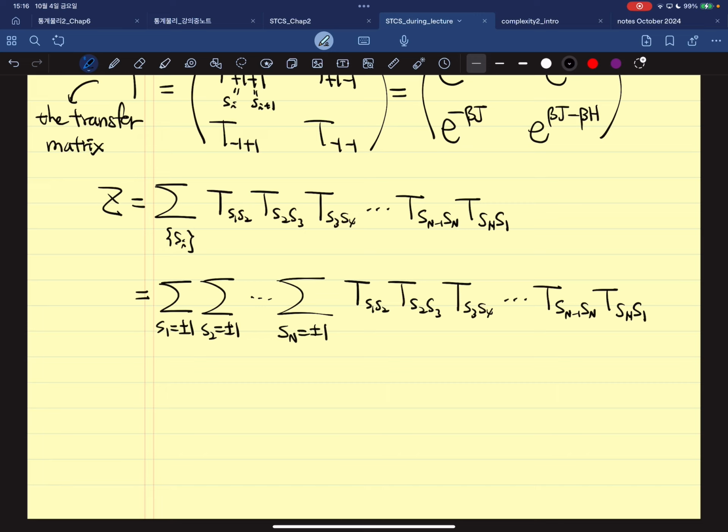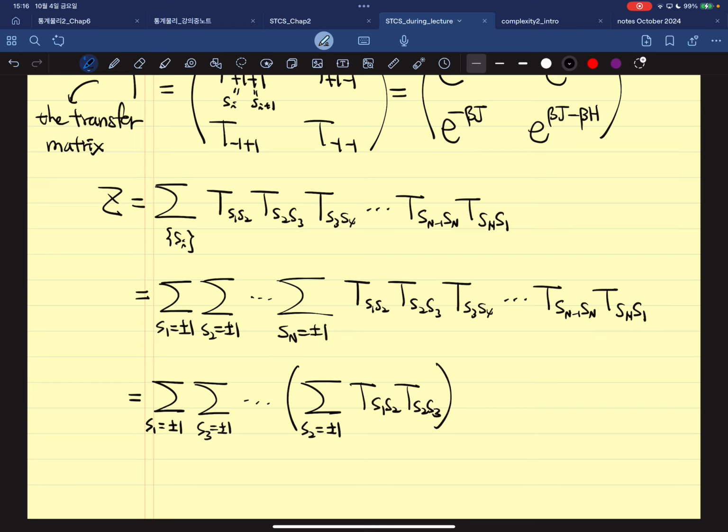Let's first rearrange all the summation here, and then put this even index here, and so on, by assuming that Sn is an even number.